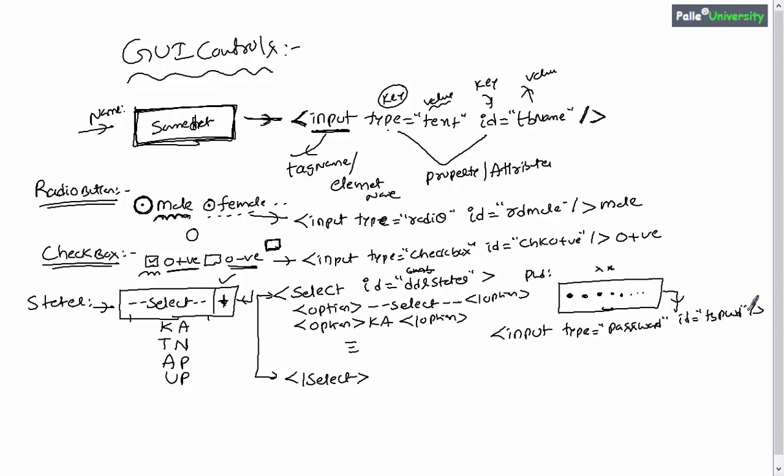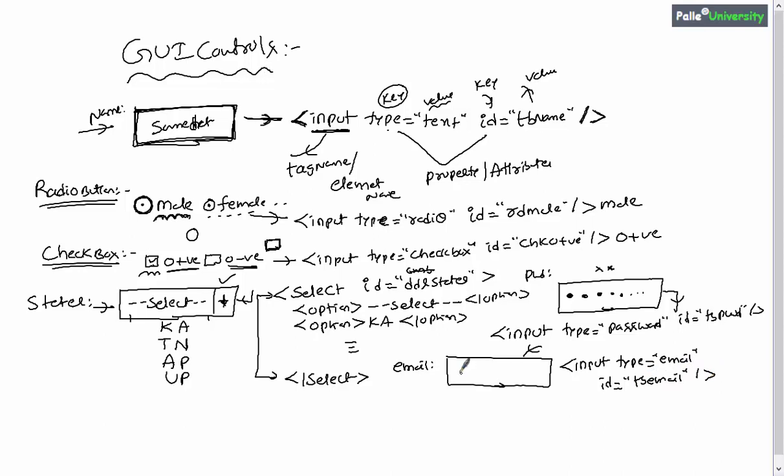Similarly, in many web applications you might require to create a text box which is capable of taking email IDs. If you want to create a text box capable of taking an email ID, in general you will write input type equals email and maybe id equals tb email, close.